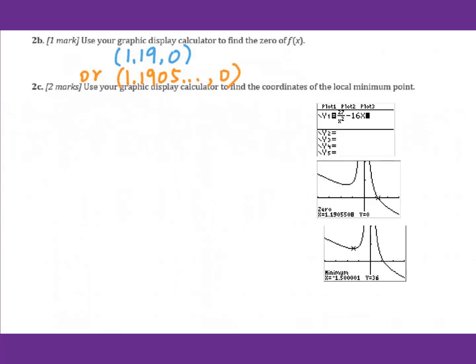Now go to 2c. Use the graphic display calculator to find the coordinates of the local minimum point. We already got this. That is negative 1.5, 36.